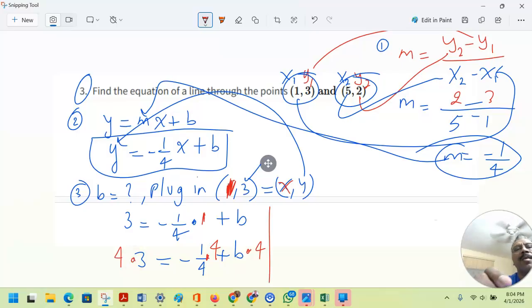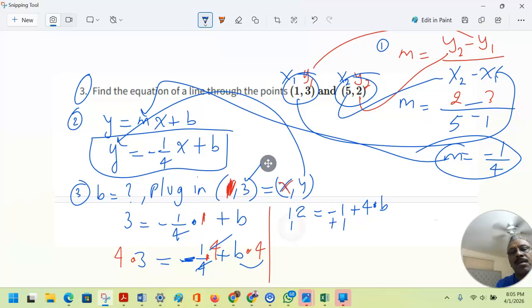So from this step, you get 12 equals, this 4 and this 4 cross out, you're left with minus 1 and plus 4b, which is the same as 4 times b, right?